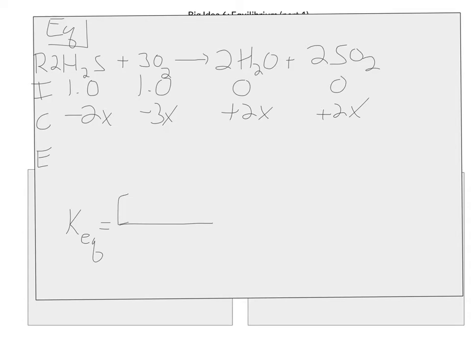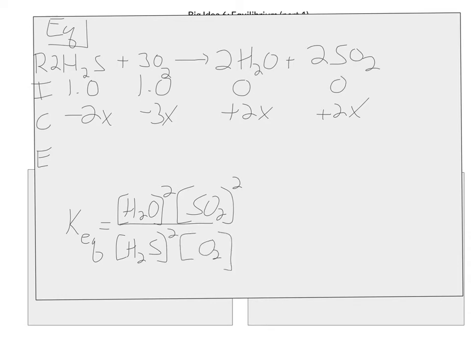But our products over reactants raised to their coefficients, we get water, if this is water gas, these are all in the gas phase, I didn't write that in, squared, SO2 squared over H2S squared over oxygen gas to the 3rd power. So if we had the numerical value, we could calculate x, figure out what the equilibrium concentrations are for all of these things.